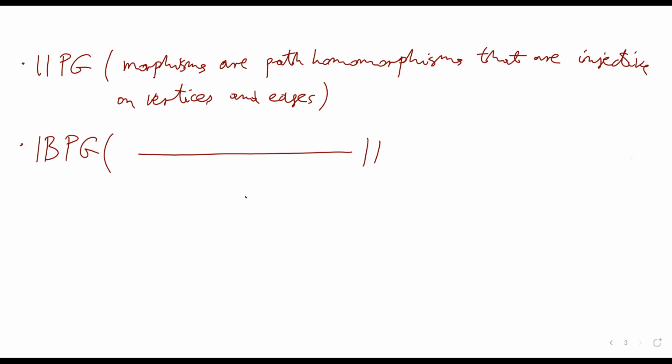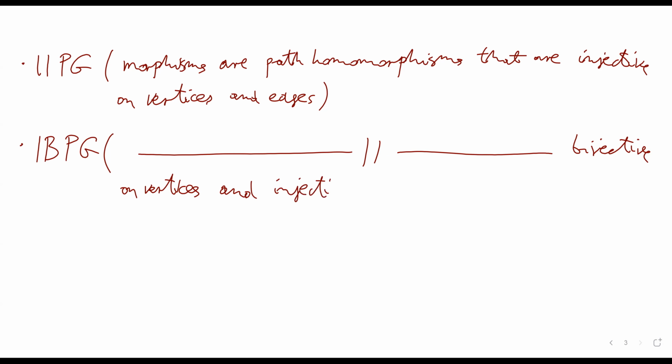Morphisms that are bijective on vertices, again, just to preserve unitality, and injective on edges. And that's it.